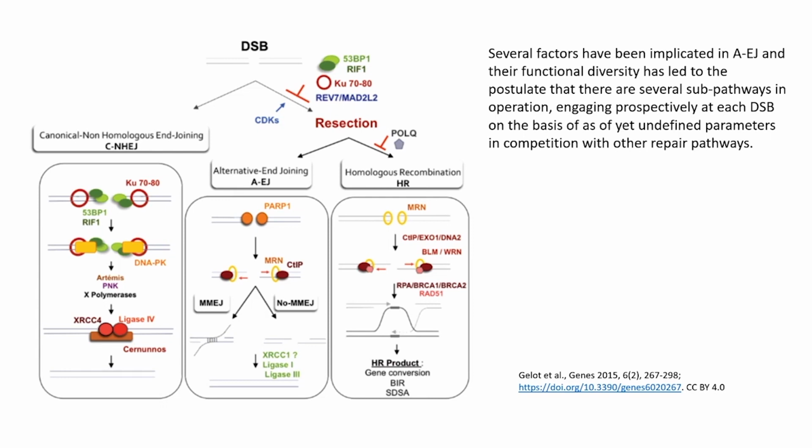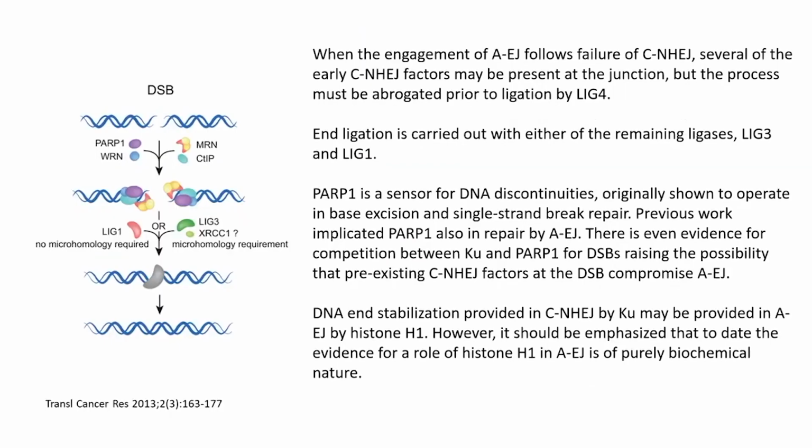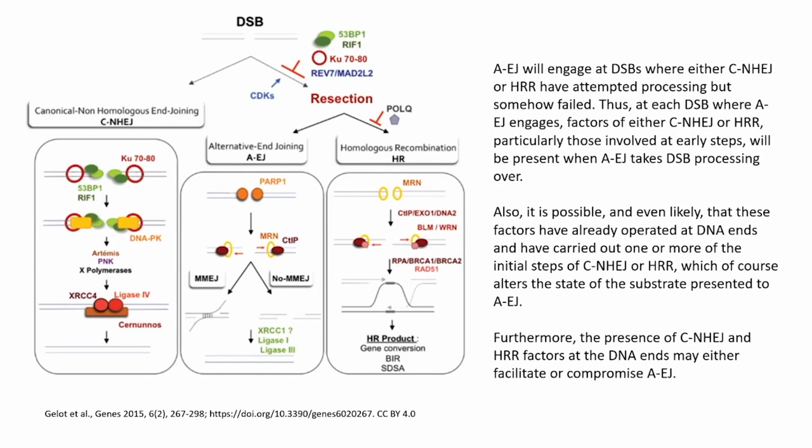So, although it is the last one to operate when the first two fail, the entire landscape of its operation and mechanism is still largely unexplored. This AEJ will engage at DSBs, as already told to you, when either of the two pathways has somehow failed to act.